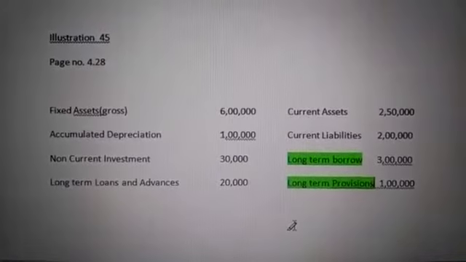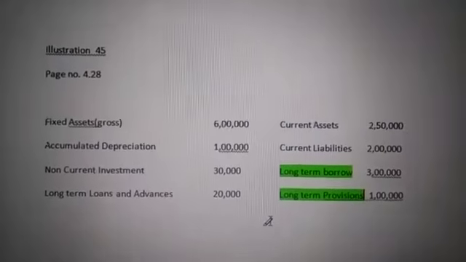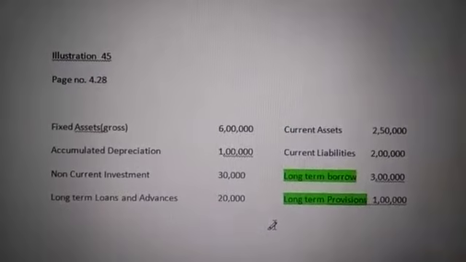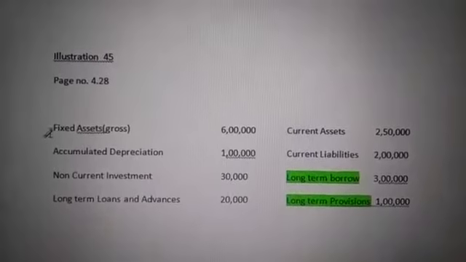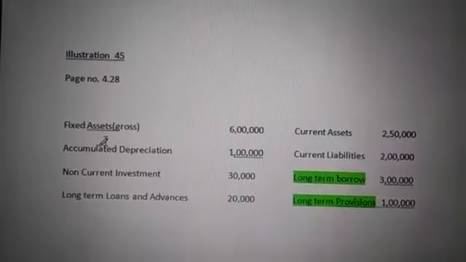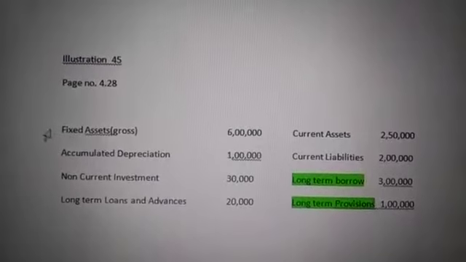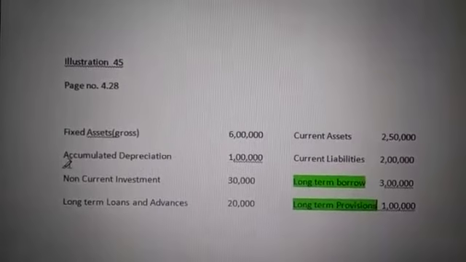And for finding equity, what do we have to do? Fixed asset minus accumulated depreciation. Fixed asset is what? Non-current assets. So we have to add fixed asset minus accumulated depreciation.